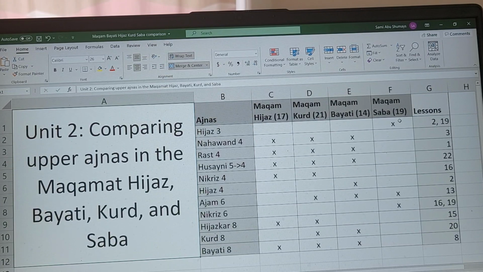A6, A6, Ya Yanin, Ya Yanin, Ya, Ya, Ya, Ya, Yanin, Yanin, Yanin, Yanin, Yanin. Resolving down to Saba. 6, Ajam. Resolving down to Kurd. Ajam.